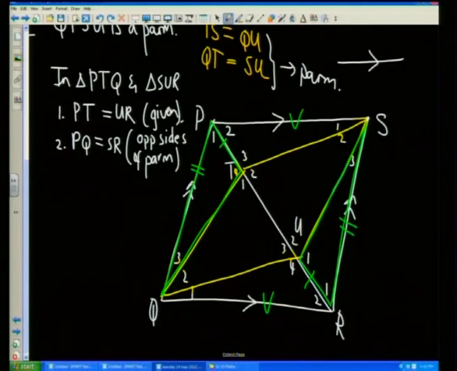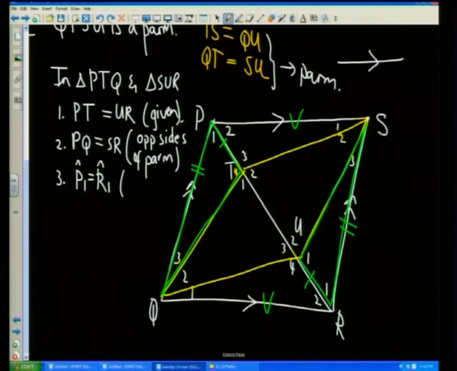Okay? And the third one, remember we said if we've got two sides, then we have to have the angle in the middle. So we would have P1 is equal to R1. And the reason that happens is because we had PQ parallel to SR. They were opposite sides of parallelogram.